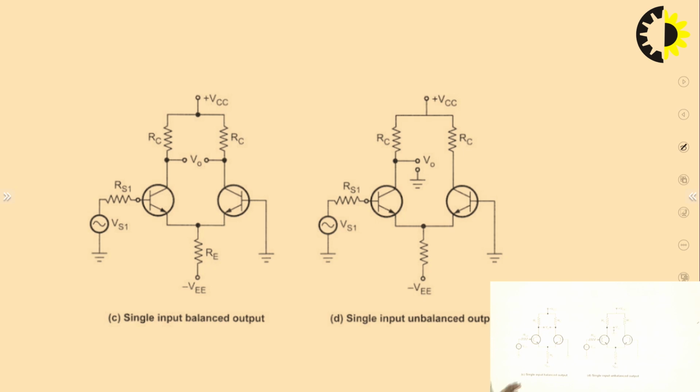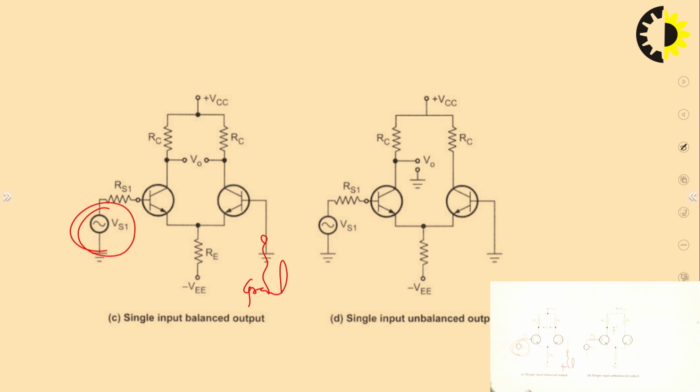This is single input and balanced output. You can see that you are giving input at transistor 1 and the input of the other transistor is 0 because you have connected it to ground. The output is the difference of the outputs of the two individual transistors.